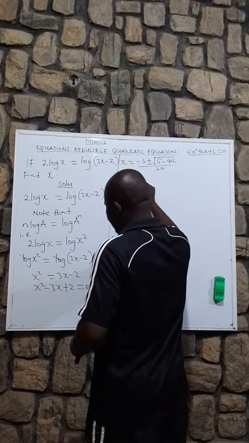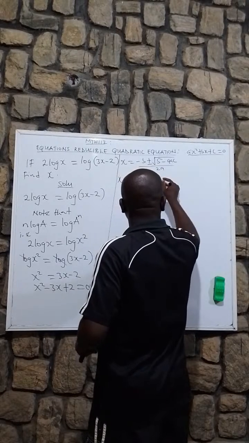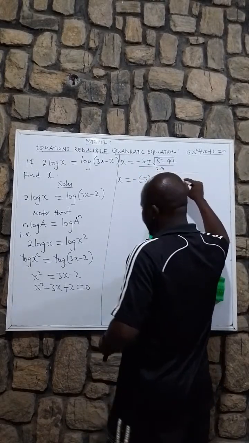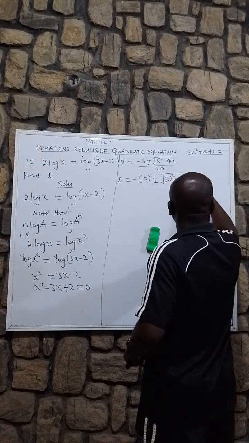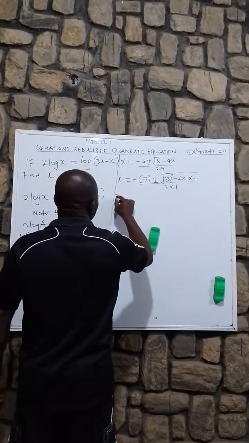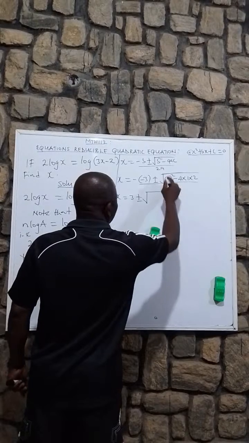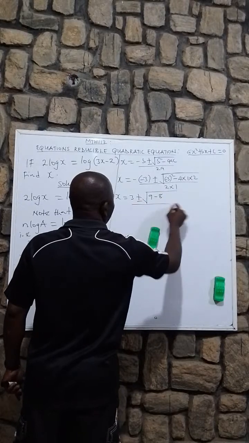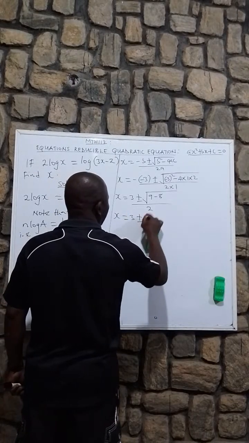Then x is equal to minus (minus 3) plus or minus square root of (minus 3) all squared minus 4 times 1 times 2, all over 2 times 1, right? Then minus times minus equals plus, plus or minus the square root of 9 minus 8, all over 2, right? x is equal to 3 plus or minus root 1, all over 2.